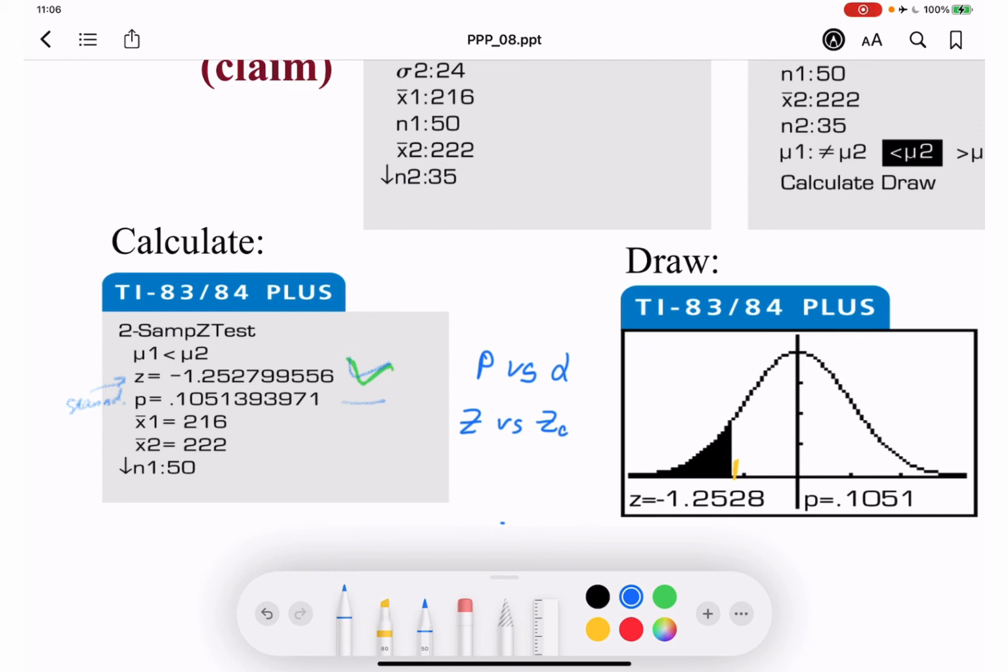Since we have a left tail, and our alpha is 0.01, and our p-value is 0.1, which is falling into the fail to reject area, right? Well, let's now compare and see if we get the same thing comparing the standardized z-score to z critical.